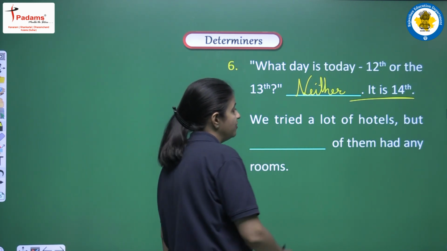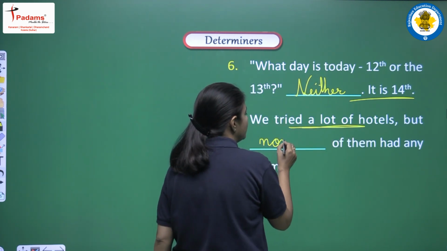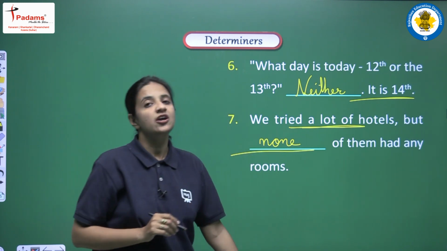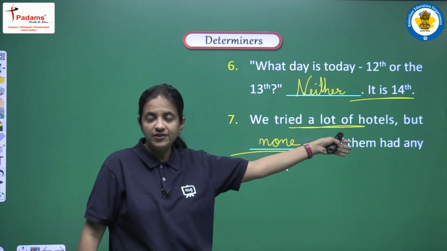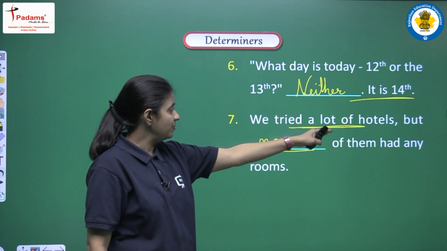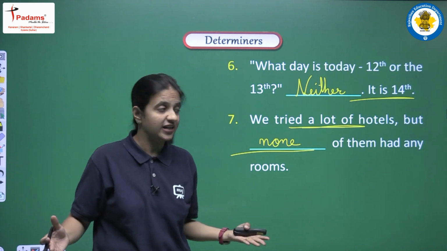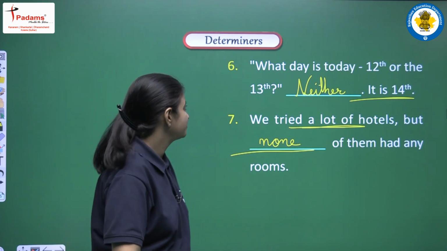So here we are having a lot of, and this is the reason our answer will be none, because none is used when we are talking about three or more. So we are having a lot of, meaning many hotels, so our answer will be none, and the sentence will be, we tried a lot of hotels, but none of them had any rooms.